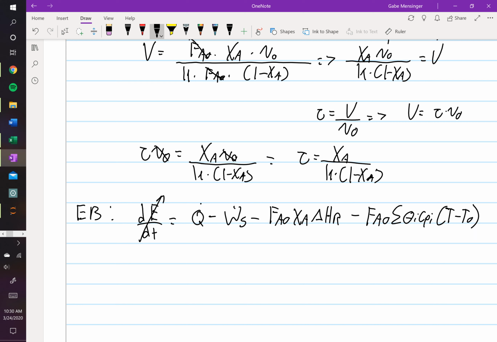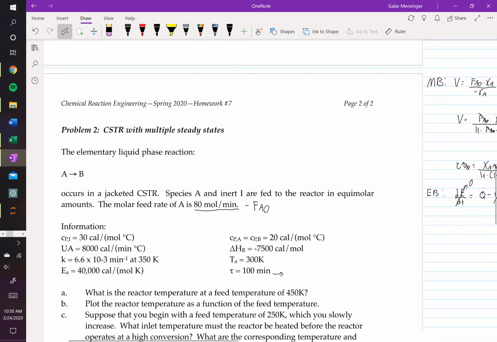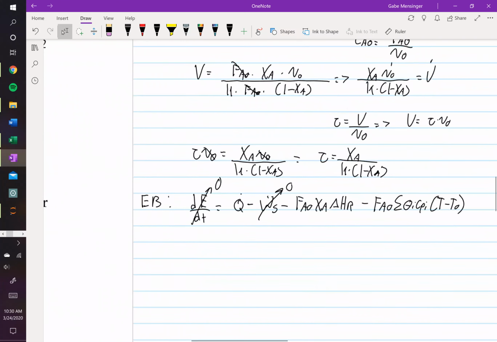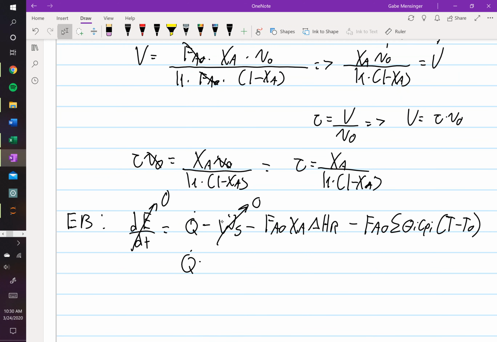Again, we're looking at steady state. We can assume no shaft work, and I believe it said this was a jacketed reactor. If it's jacketed, we know that Q dot is equal to UA times TA minus T.